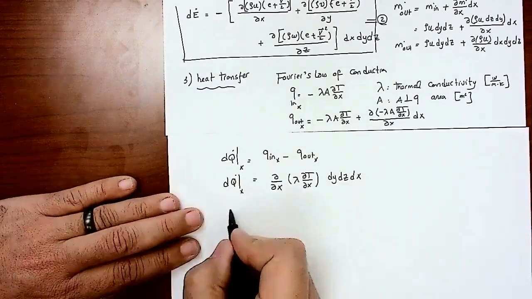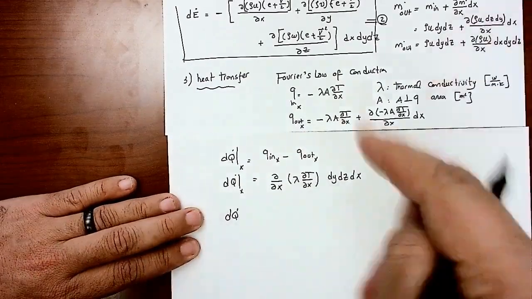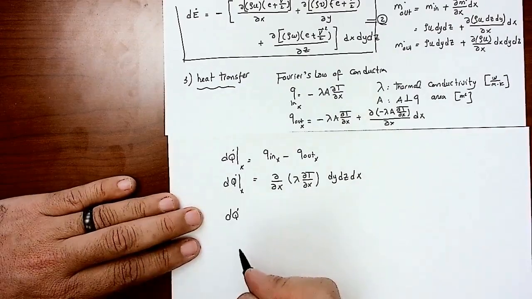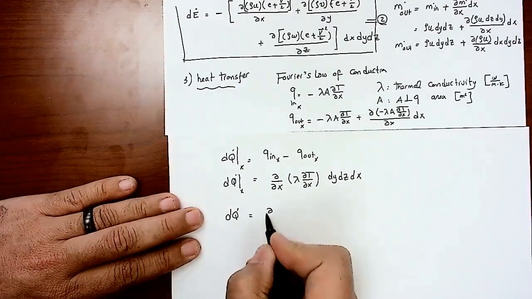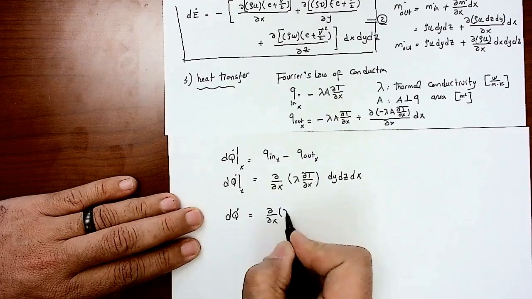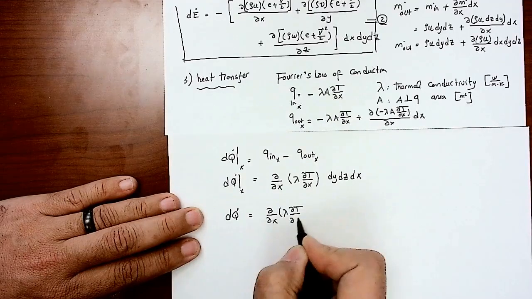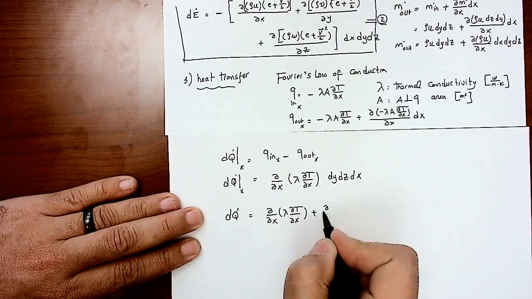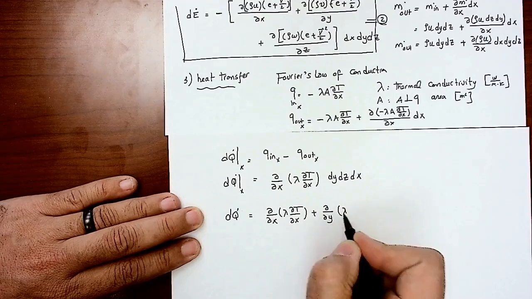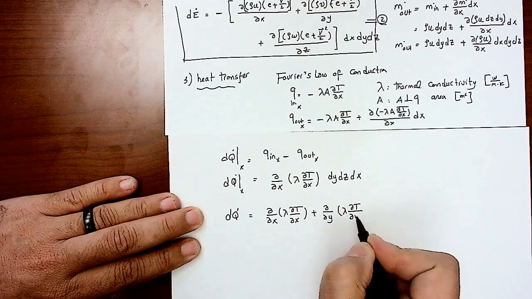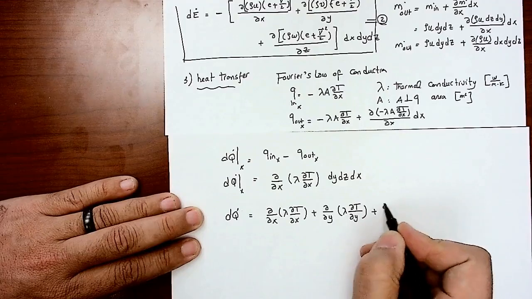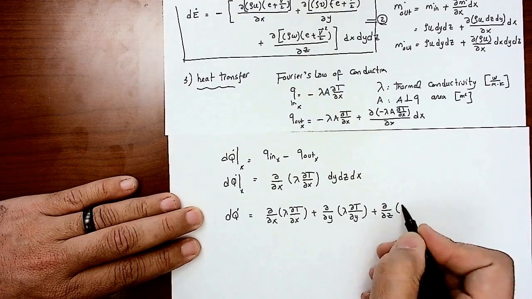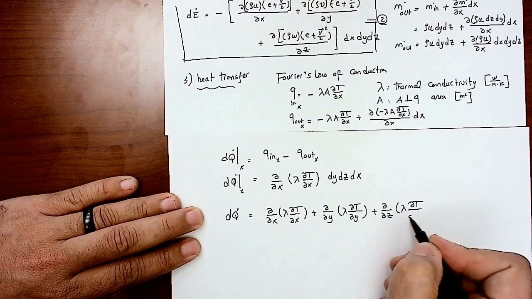If you want to get dq dot in the whole control volume in all directions, I will have partial by partial x of lambda partial T by partial x, plus partial by partial y of lambda partial T by partial y, plus partial by partial z of lambda partial T by partial z.